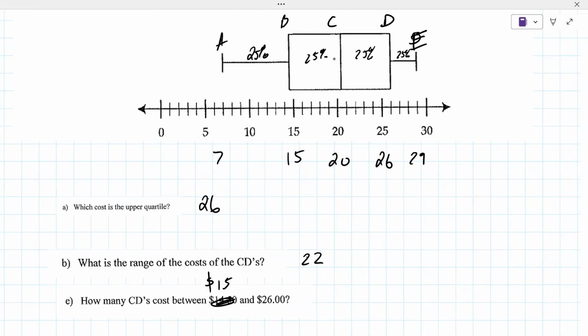Would it be like 11? Oh, sorry, there's more information. It should say what percent. Oh, 50. Yeah, very good.